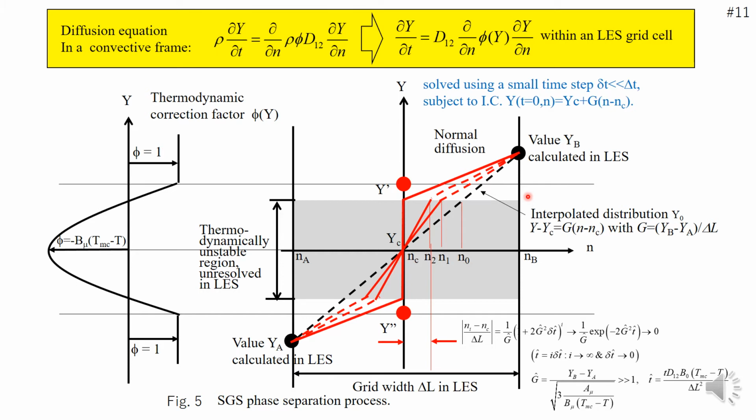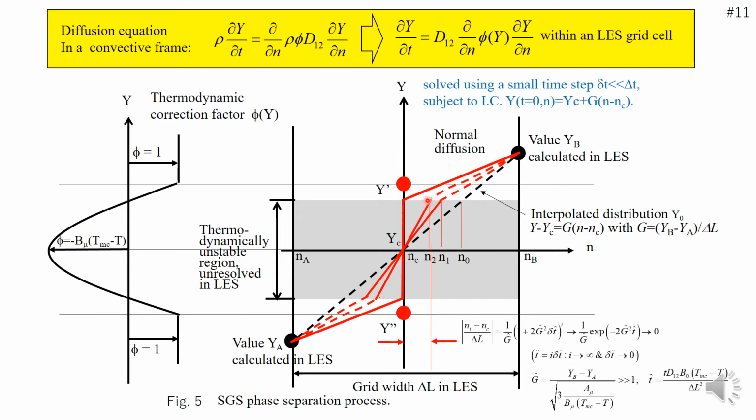At the next time step, these concentration values change by an amount corresponding to the time step length. The same calculation proceeds even when a thermodynamically unstable layer exists between the two grid points.